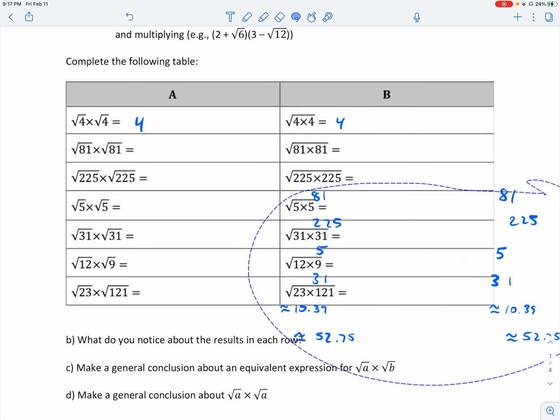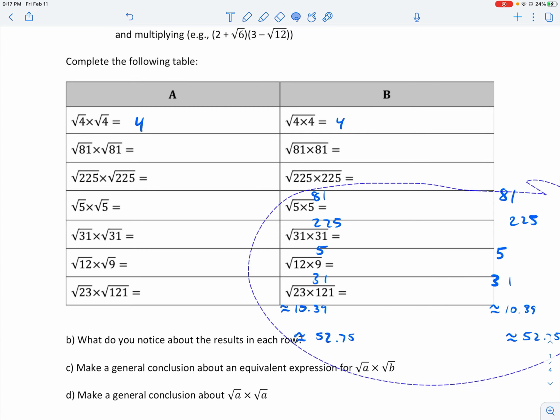And lastly, our last terms. 3 root 3 times negative 3 root 3. We're going to multiply the 3 times the negative 3 to get negative 9. And then we're going to multiply the root 3 times root 3 to get root 9, which is just going to be 3.